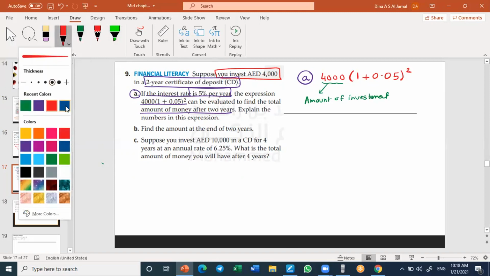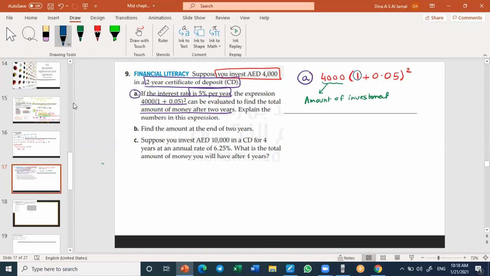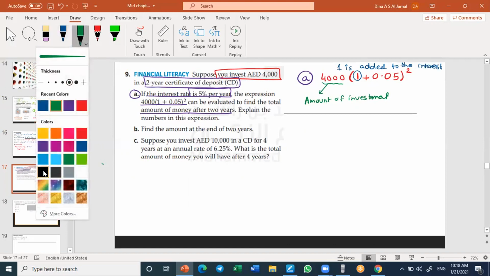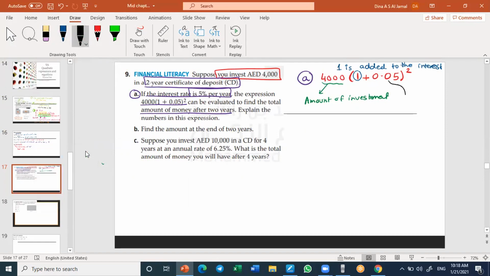So, number 1, you are having 1 is added to your interest. Now let's go to 0.05. Now 0.05, he gave it to you previously as a rate.